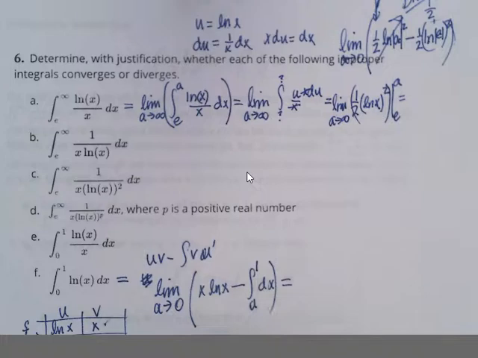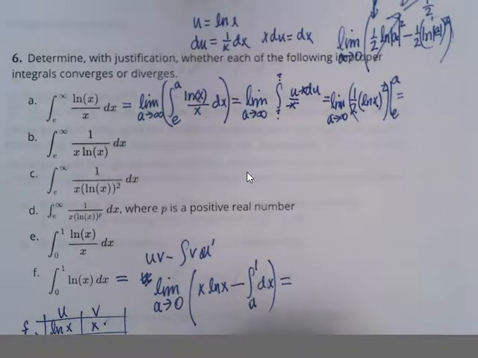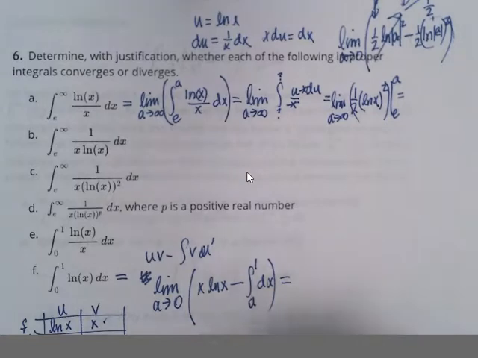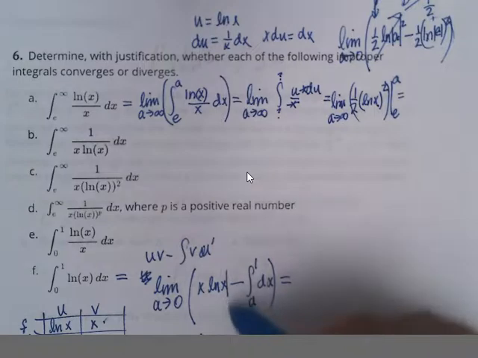And this becomes the limit as a approaches 0 of, this part has to be evaluated from a to 1 also.